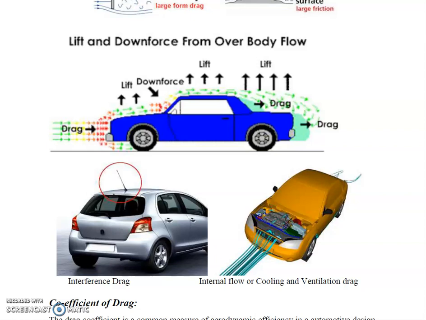The various component projections under the vehicle, such as engine pan, suspension arm, exhaust system, and the rear system, also contribute to the interference drag. It is 17% of the total drag.